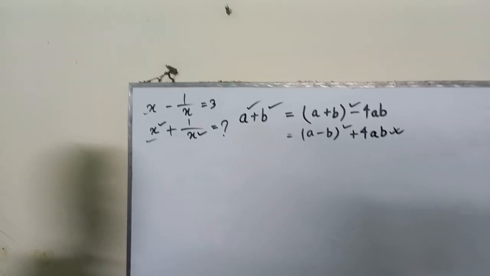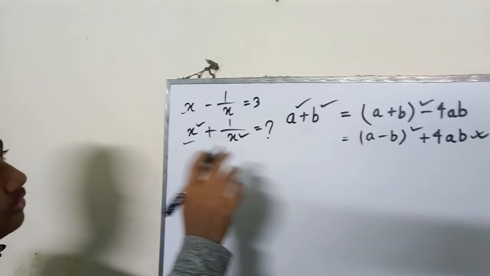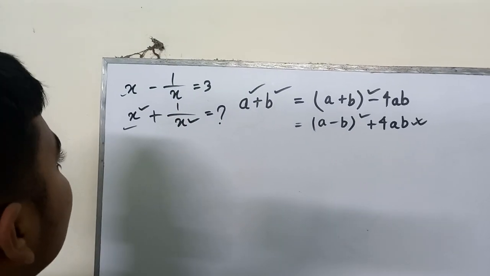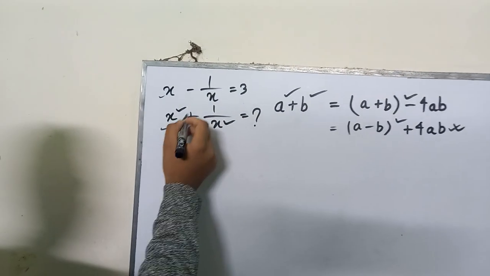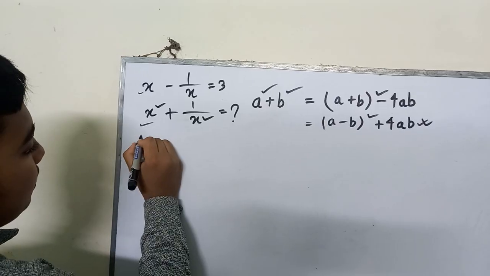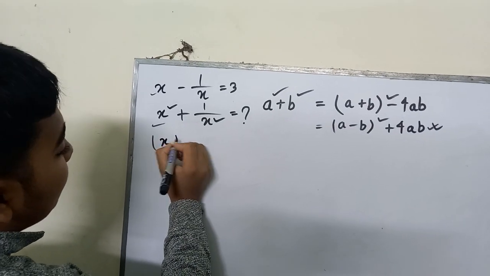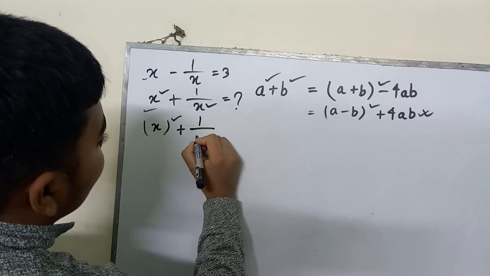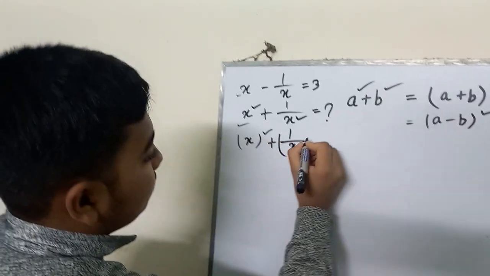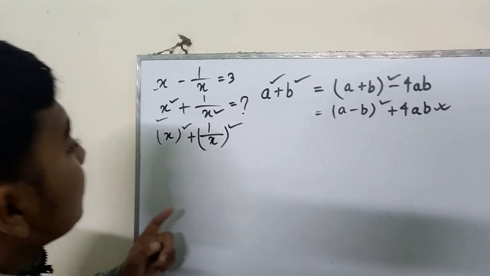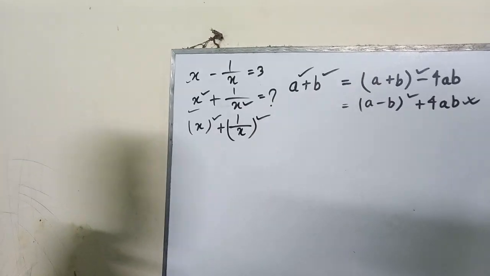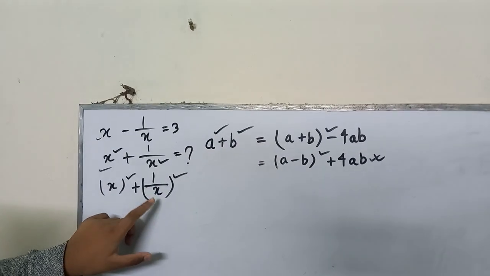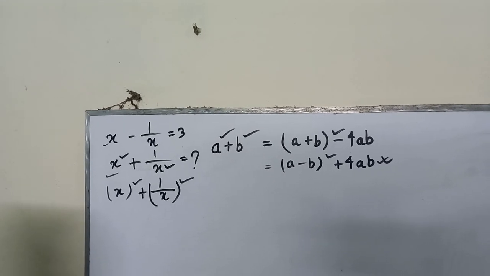So let's solve it. First of all, don't be frustrated by seeing this fraction, because that's one word, nothing else. So we can imagine these things or write these things like this. Now let me break down. We are giving a square also before the 1, also the x. But why are we doing that?